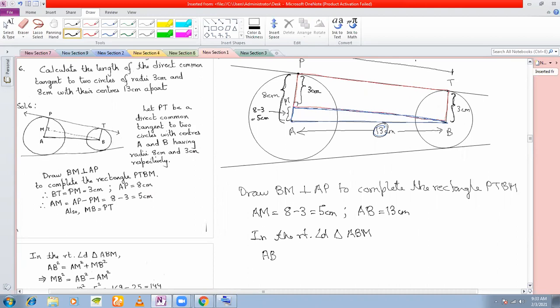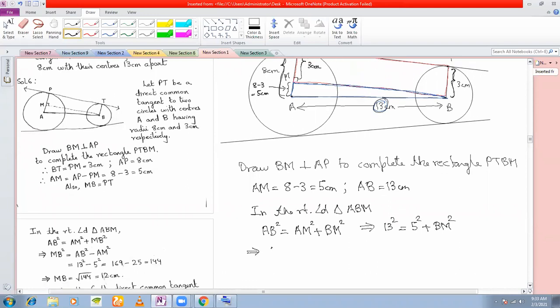AB square is equal to AM square plus BM square. That means AB is given to be 13, AM we just found out to be 5 centimeters, and BM we need to find out.